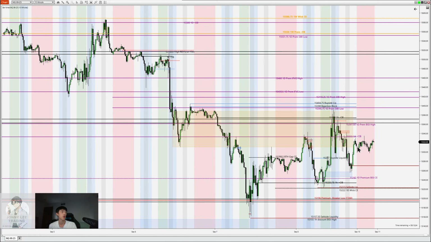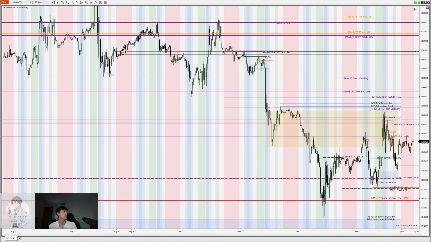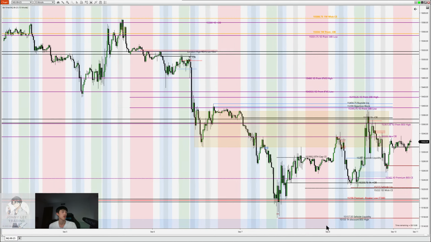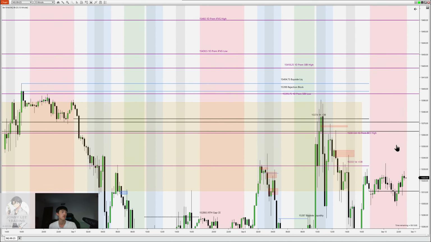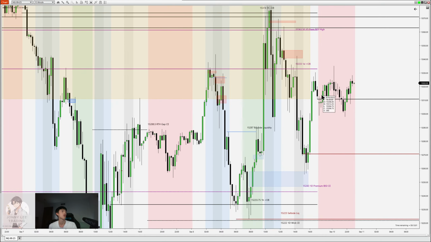I'll add a new week opening gap here. It's a very small one, but I will add it nevertheless. And let's do that right now so you know what I'm talking about. Take one of these, and we are going to zoom in on this so you can see it. Okay, so if you see here, 9/8, 1700, 9/10, 1815.